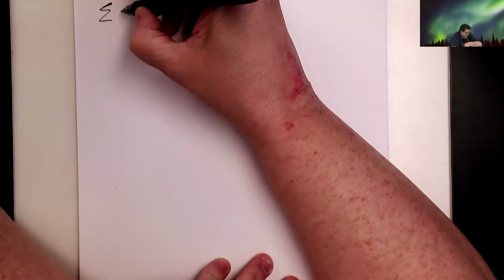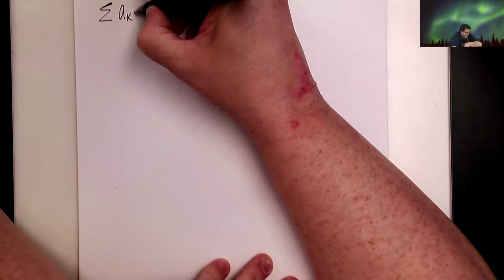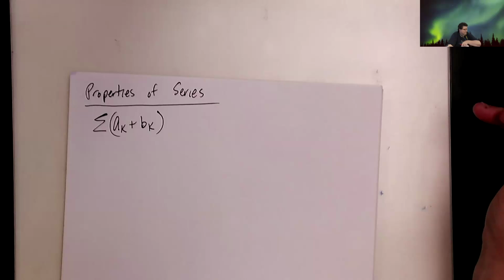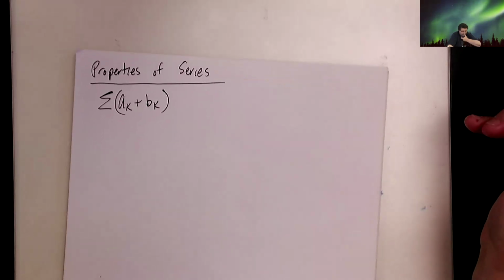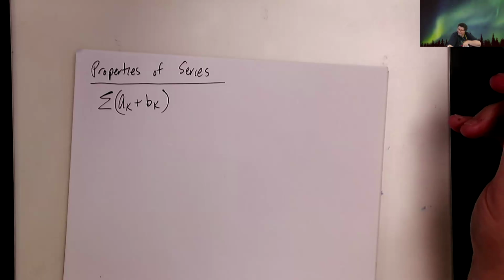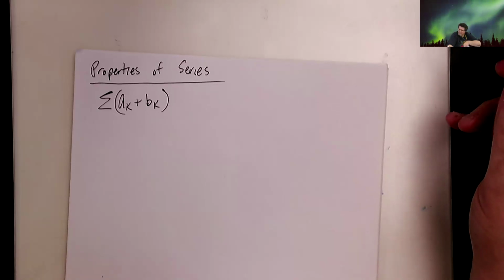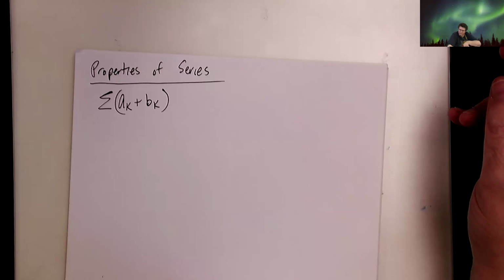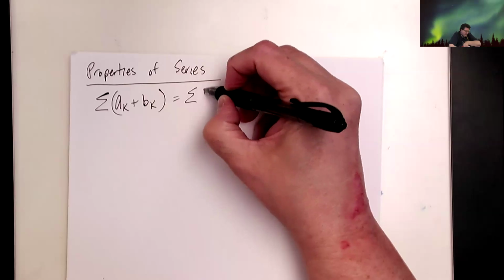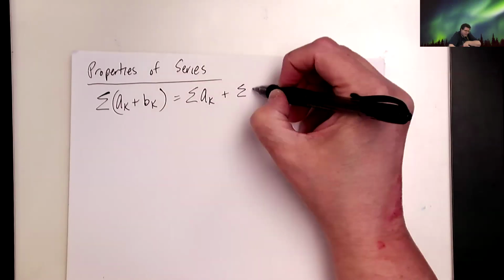The summation of a sub k plus b sub k equals the summation of a sub k plus the summation of b sub k.